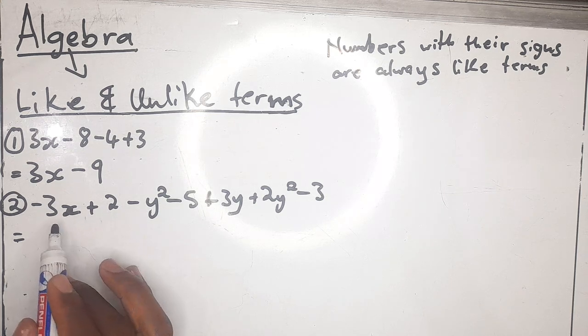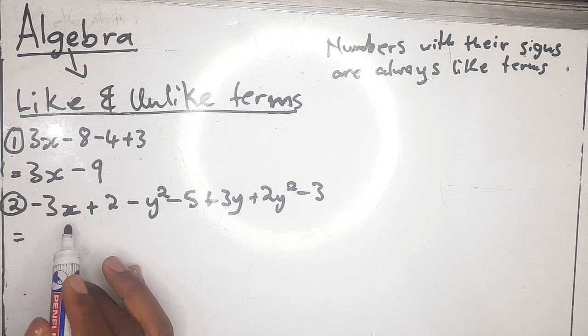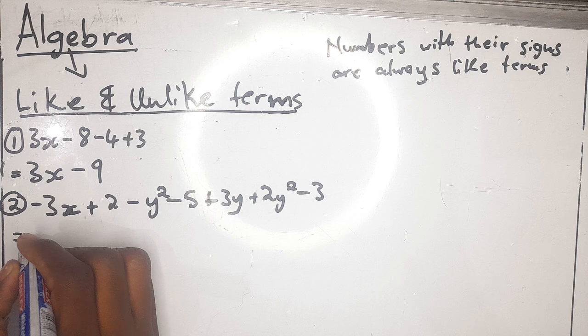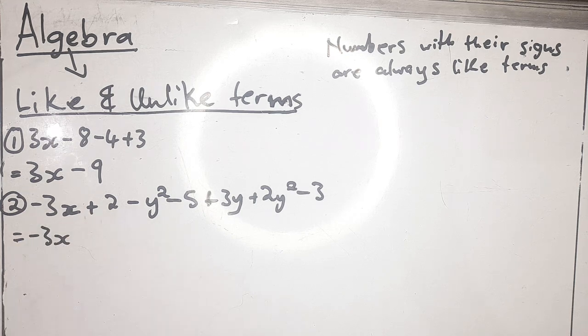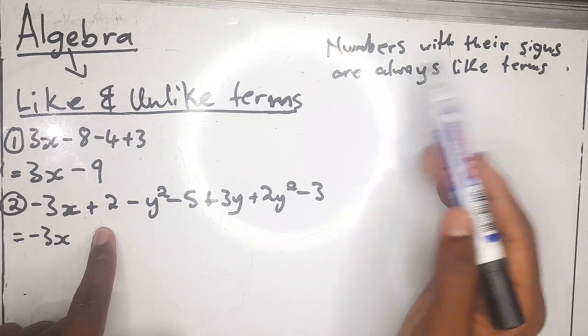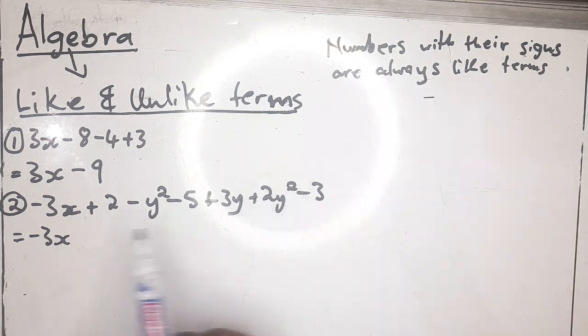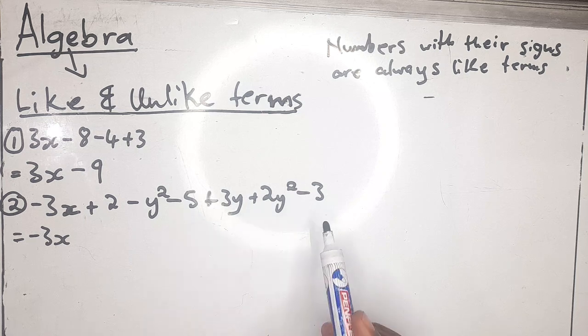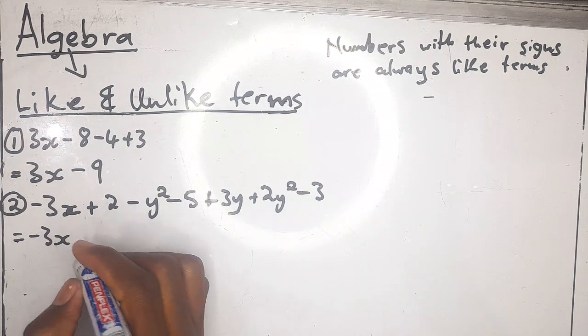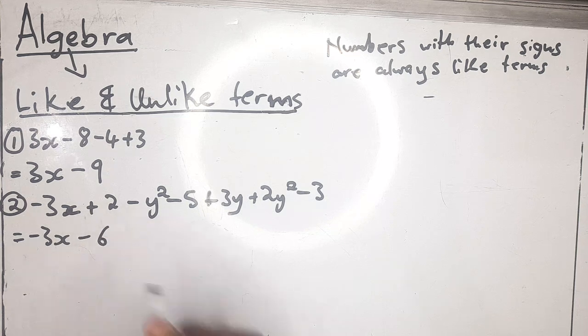Is there any like term of negative 3x? No, there's no term that ends with an x. So minus 3x is by itself. Then for the 2, is there any number? Remember, numbers with their signs are always like terms. So plus 2 minus 5 minus 3 in your calculators is going to give you minus 6.